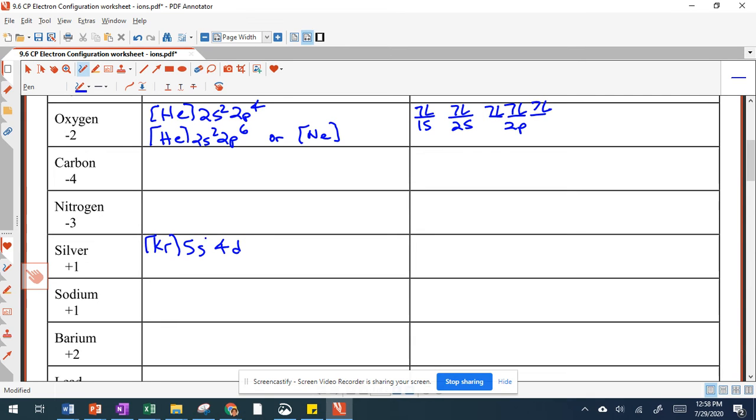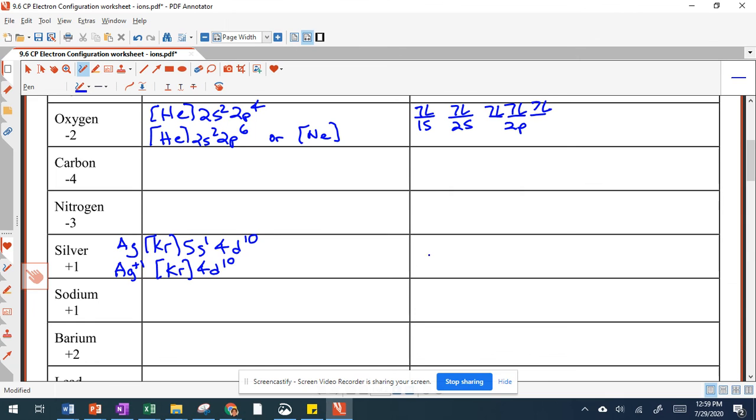That's going to be 5s1, 4d10. This is silver. Now we have silver +1. That's going to be krypton, 4d10. Now this is not isoelectronic with a noble gas.